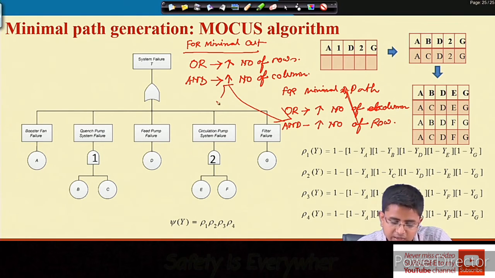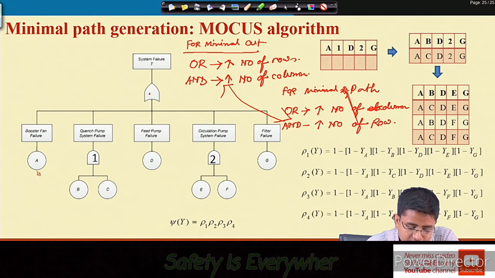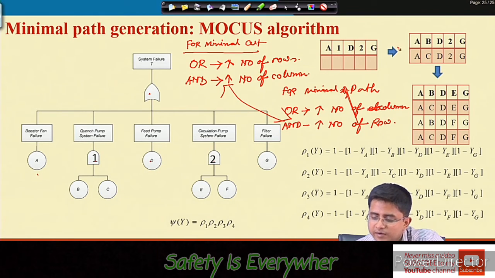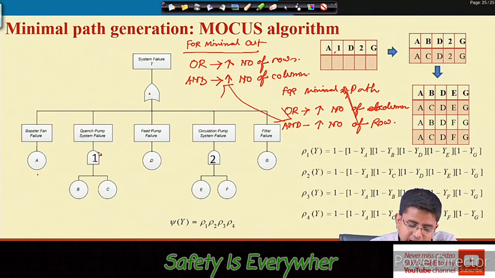So, we can see that as it is an OR gate and the inputs are A, this is 1, this is D, 2 and G, we will write in this manner. So, we have increased the number of columns. Again, now this is 1 and the 1 is nothing but an AND gate.